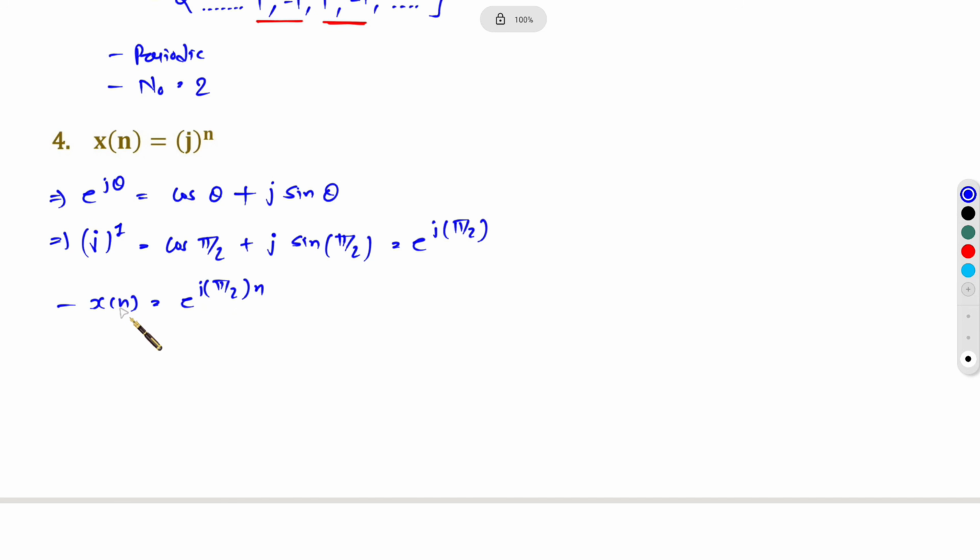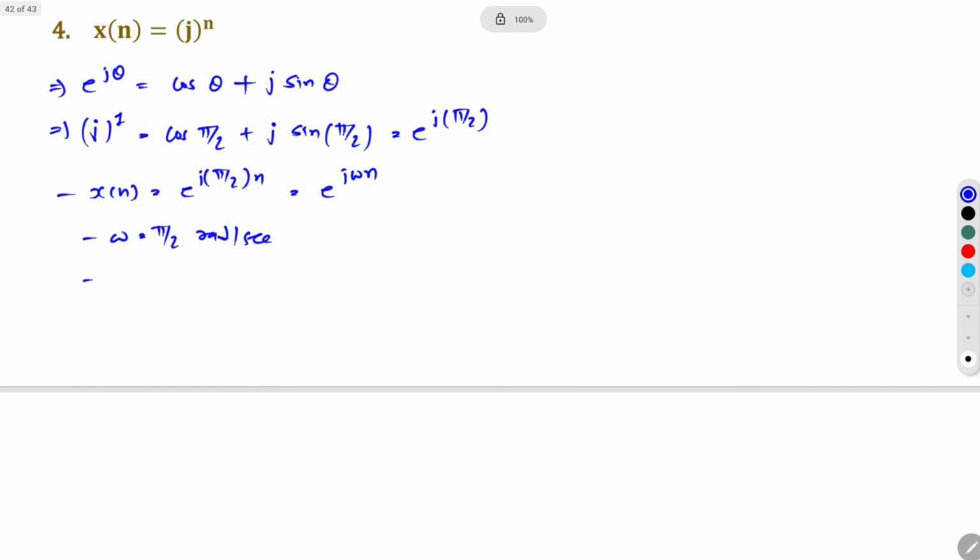Now we have the standard form e to the power j omega n. What does it mean? We have omega, that is pi by 2 radian per second. To check for periodicity, one can say we have small m by capital N equal to omega by 2 pi.